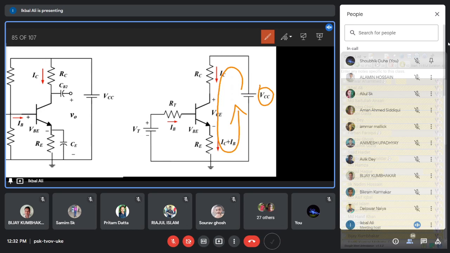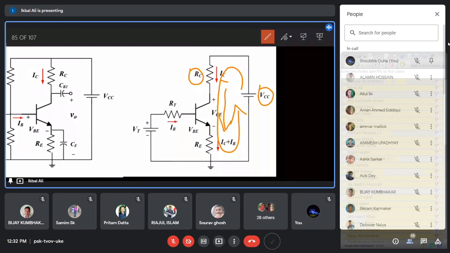The current flowing through the RC resistance is the collector current, IC, and that current also flows through the transistor and goes through the emitter resistance as well. Through the emitter resistance, the collector current is coming from the collector terminal, and the base current is also coming from the base terminal. So that is why the total current flowing through the RE resistance is IC plus IB.